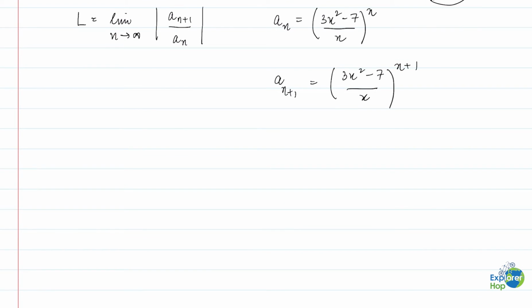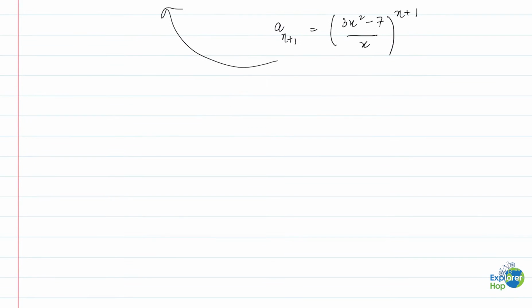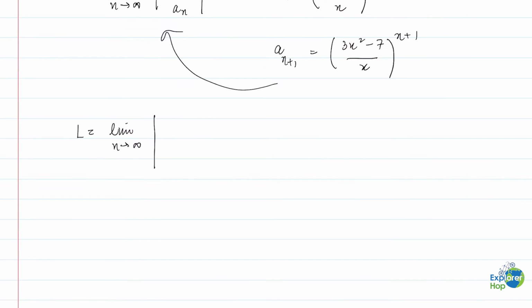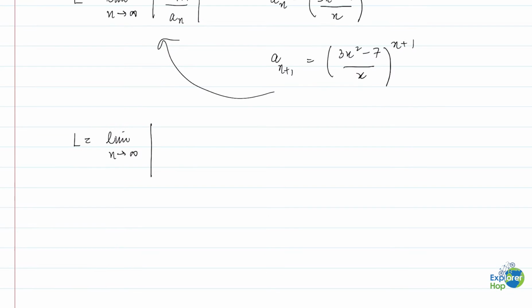Now we'll substitute these two here, and we get L equals the limit as n approaches infinity of a n plus 1 divided by a n. If you notice, a n plus 1 is basically 3x squared minus 7 over n, to the power of n plus 1, and this is the same thing to the power of n.